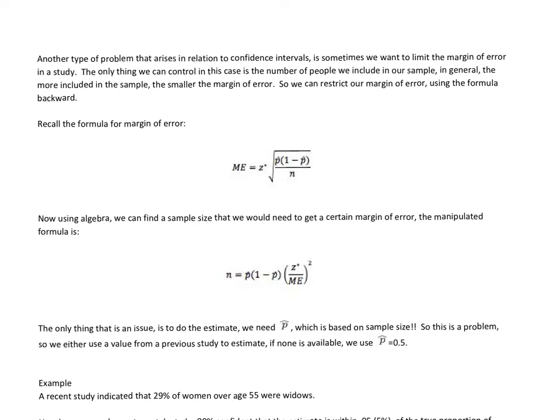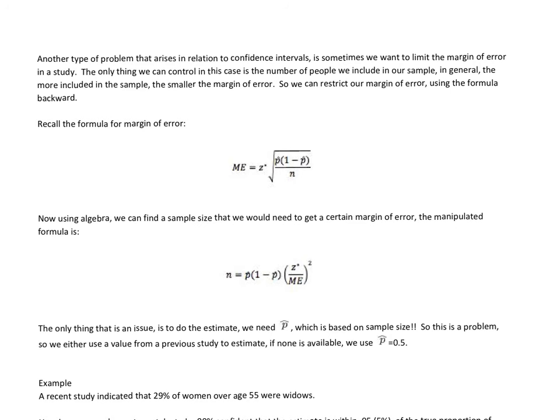So our margin of error formula is that critical score times the square root of p hat times 1 minus p hat all over n. So if we worked backwards, we can use that formula to solve for n, which would be finding a sample size that would result in a specific margin of error. So that leaves us with n equals p hat times 1 minus p hat times the critical score divided by the margin of error squared.